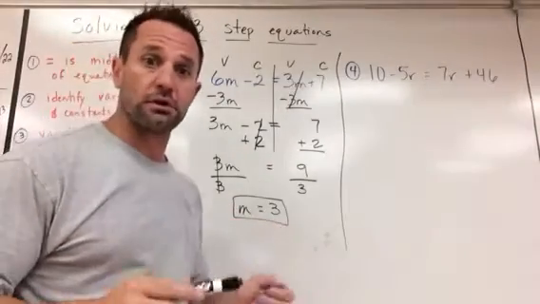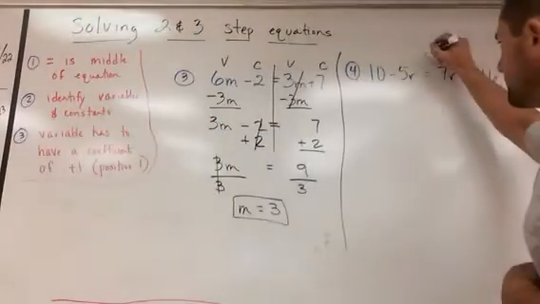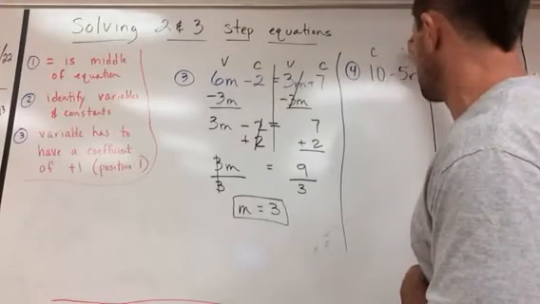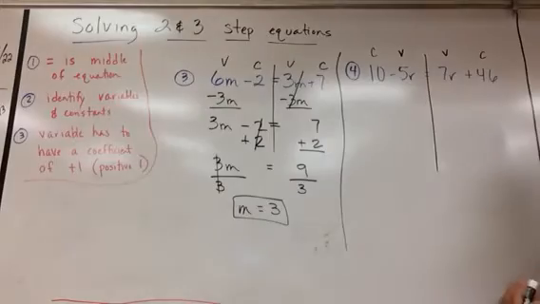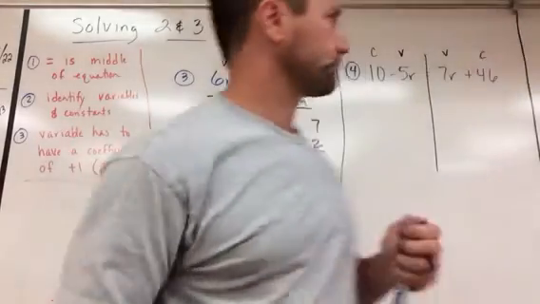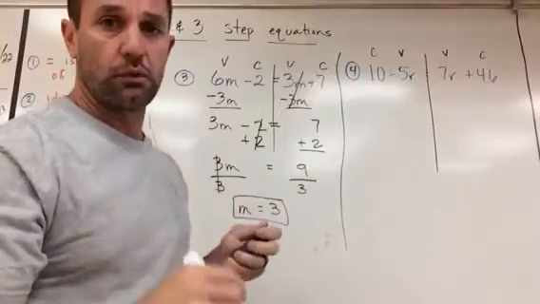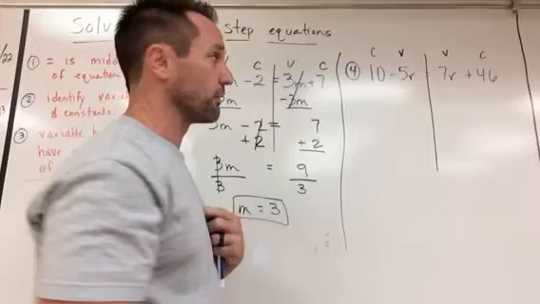The steps are always the same. So I'm going to go through them a little bit quicker this time. Draw the line down the middle of my equal sign. I have a constant, a variable, and a constant. Okay? As we're solving this, again, I want my variables to always be positive, and I move my variables first.